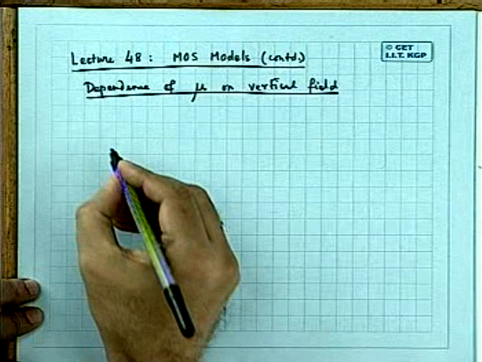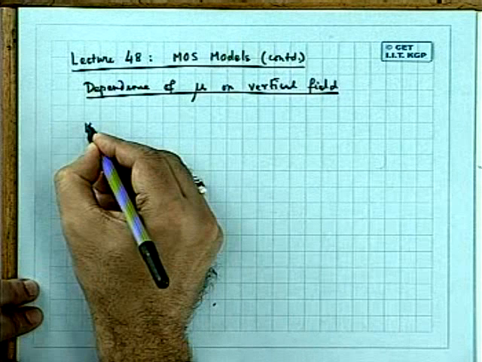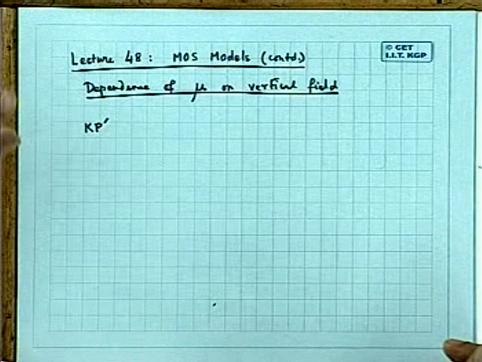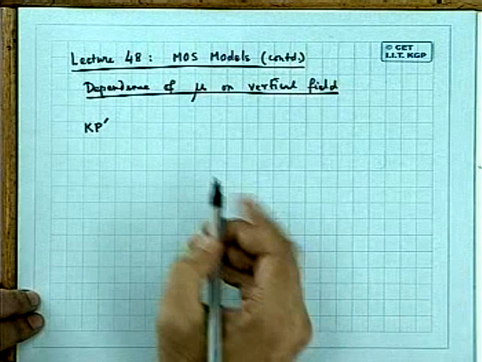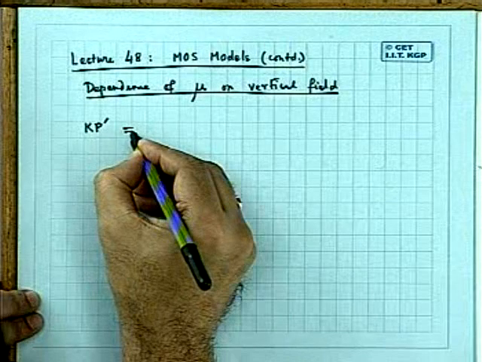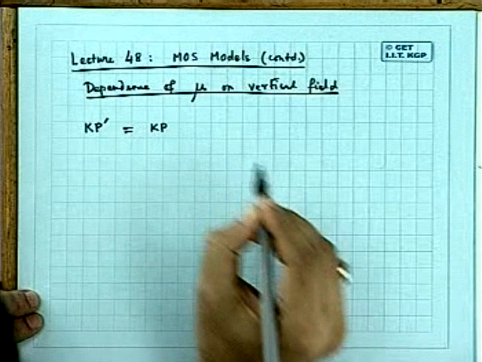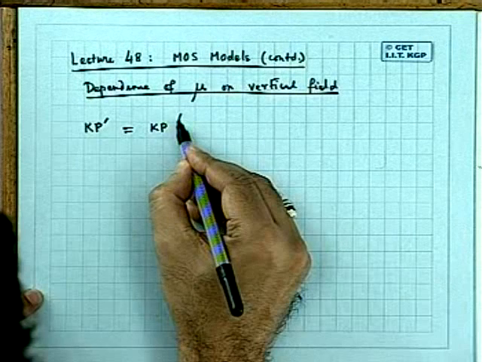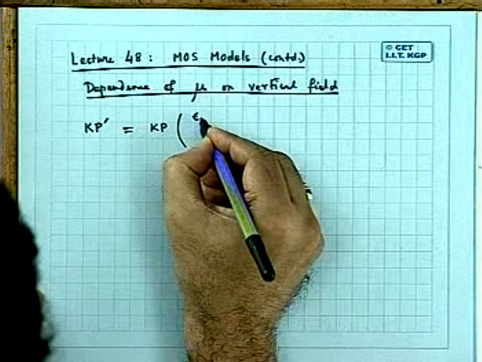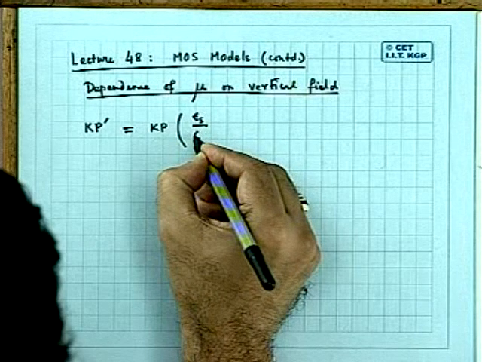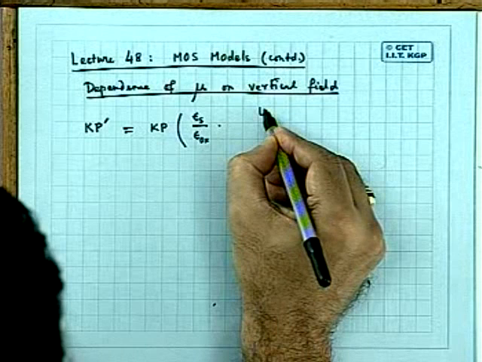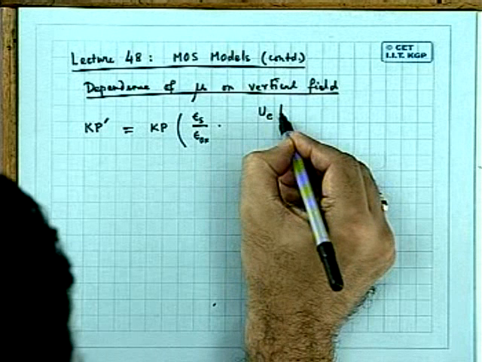In the modified form, Kp dash, this is a modified value of Kp, which is equal to Kp, that is mu into Cox dash. But there is a multiplier now, epsilon s by epsilon ox, into a number of parameters that are brought in.